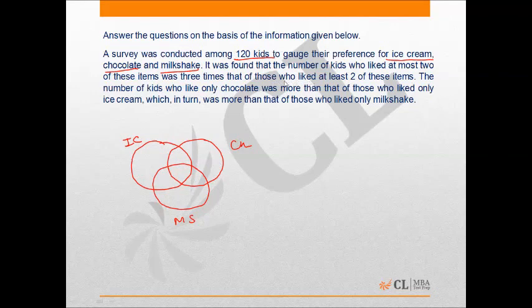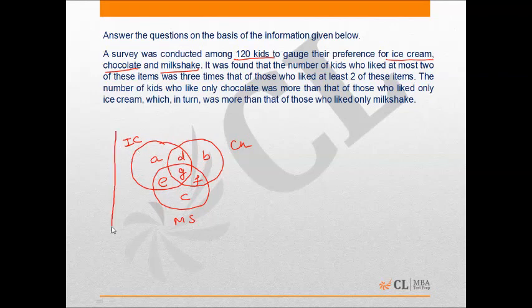Since I do not have any particular data for only ice cream, only chocolate or all three combination, I will assume the variables for the particular case. Let us take it as A, B, C for only ice cream, only chocolate, only milkshake, and for ice cream and chocolate but not milkshake, take it as D. Similarly, this is E, this is F, and for all three I will take it G, right?